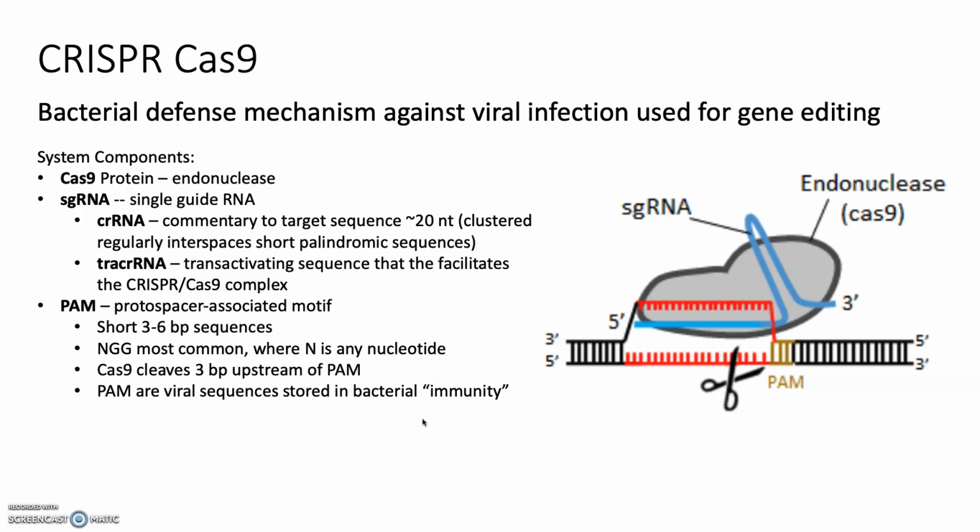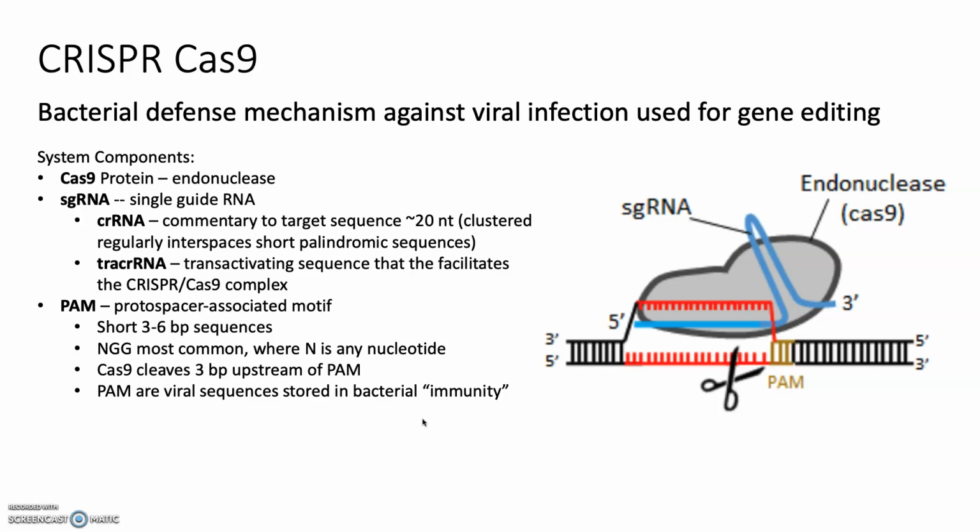The main components, and this is just a review slide from the lecture, are the Cas9 protein, which is an endonuclease, and a single guide RNA that has two parts, a crRNA and a tracrRNA. The crRNA is complementary to the target of interest, where the endonuclease cuts the gene in the genome.